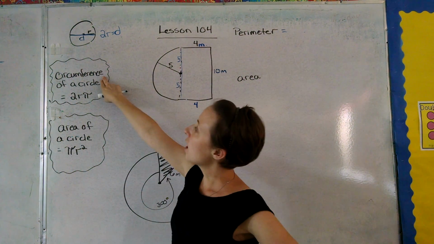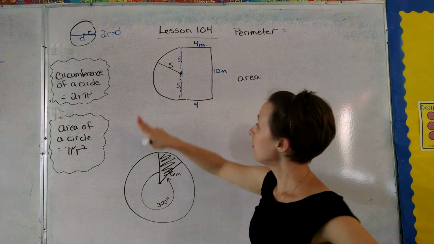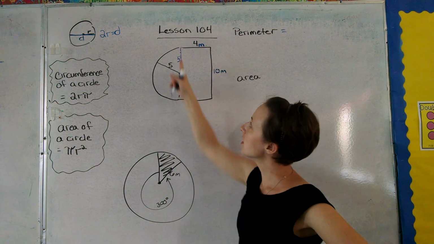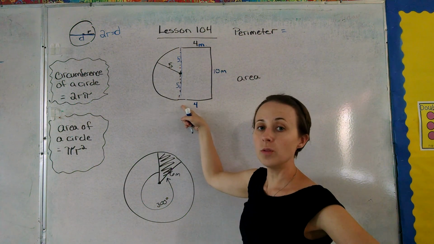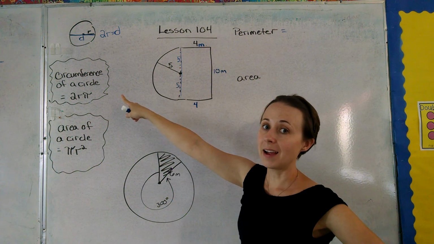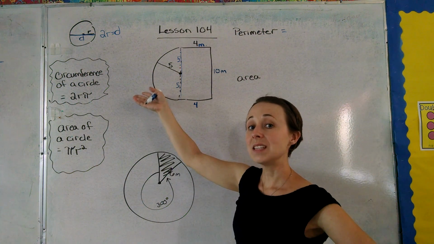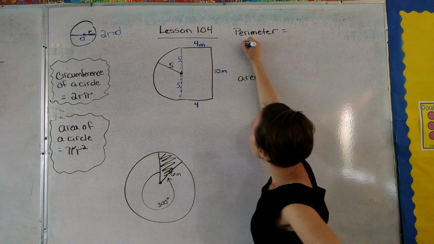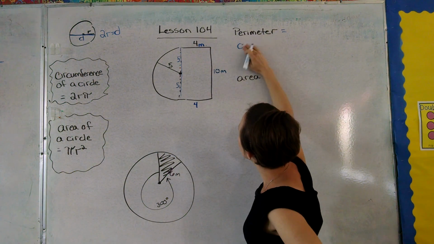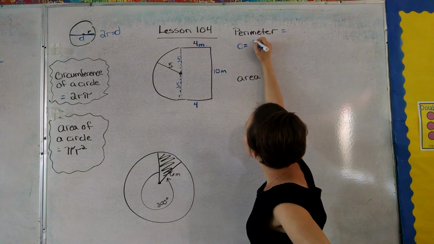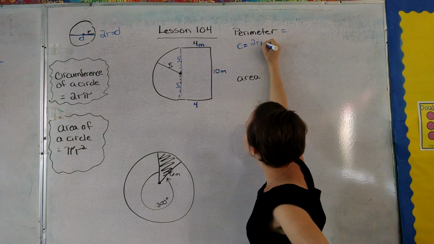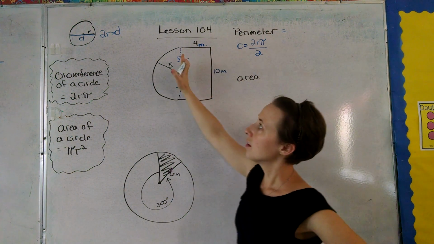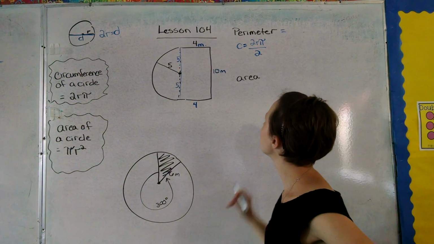Well, I know that circumference of a whole circle is 2r pi. I just learned from my notes that circumference of half a circle is 2r pi divided by 2, the fractional part. Let's do that math. The circumference, I'll just put it as c, equals 2 times r times pi divided by 2. We're dividing it into half because it's only half a circle.